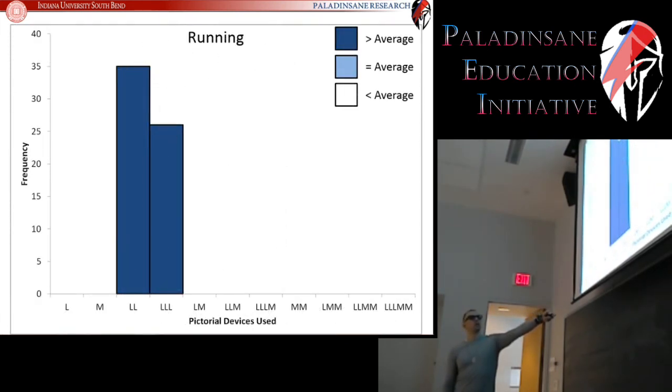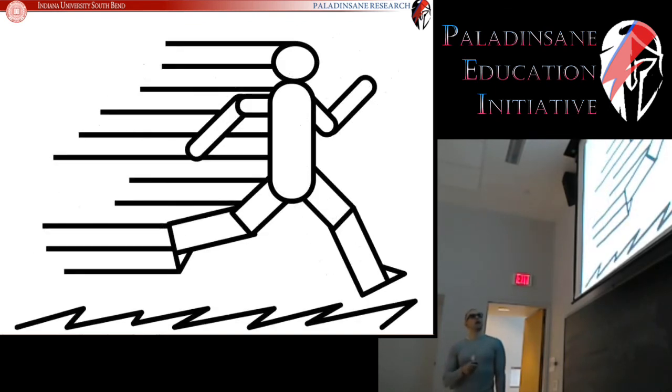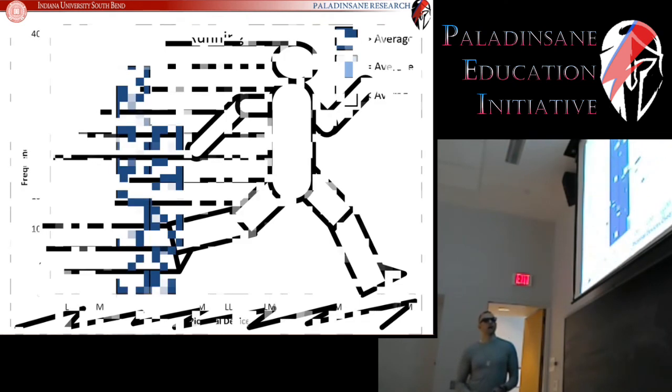All right, next up, we have two literal with one metaphorical. Examples of that: orientation and posture with multiples. Here we have posture and ground plane with action lines. So two literal and one metaphorical, how often was that used?